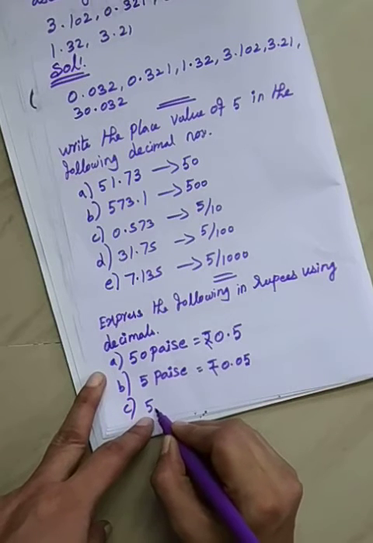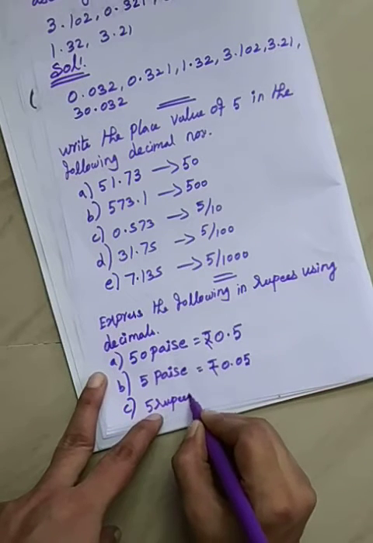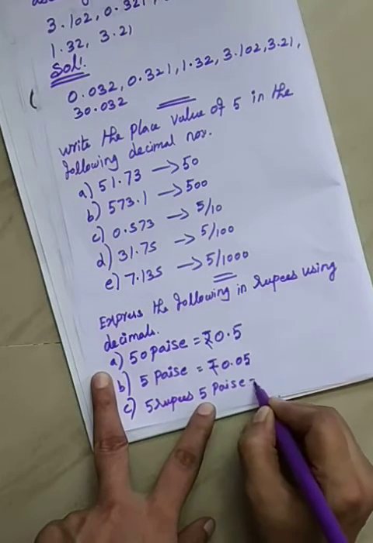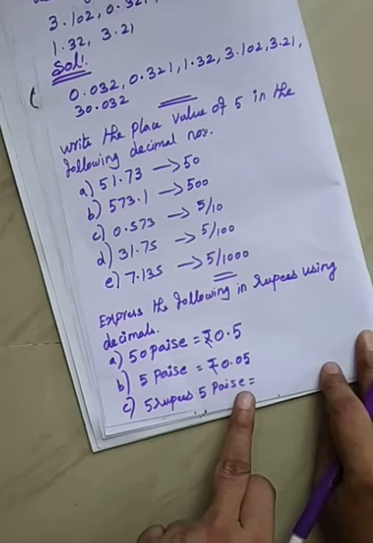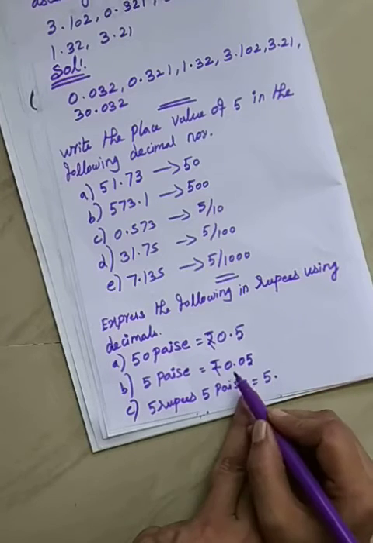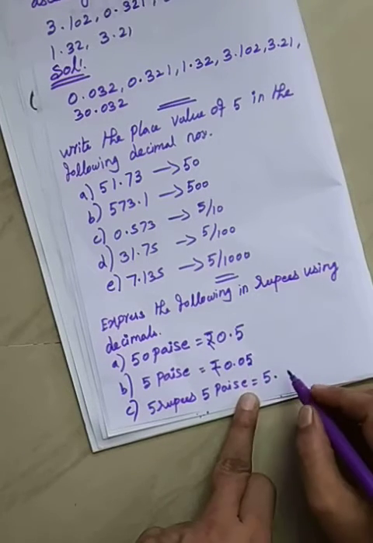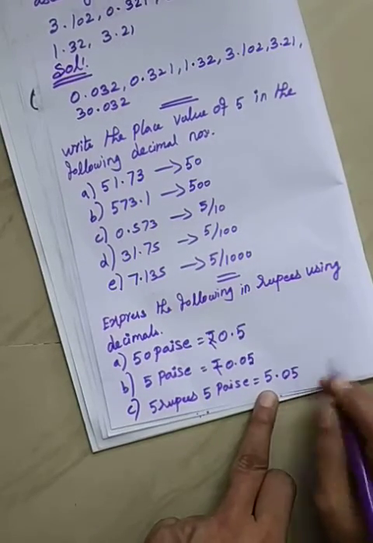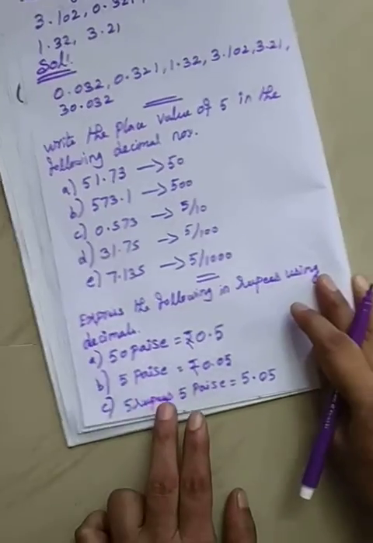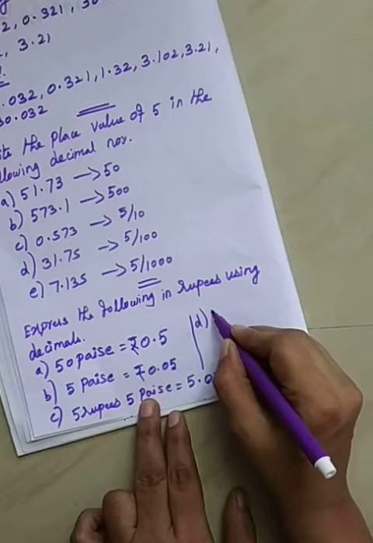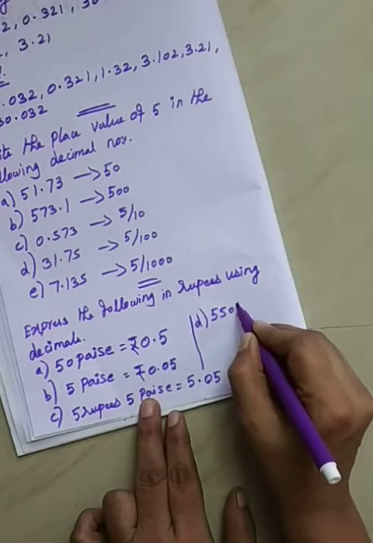The next, 5 rupees 5 paise. How can you write this one? 5 rupees, okay. 5 paise means already you have to write 0.05, so you can put 5.05. Everybody clear? The next one, 550 paise.